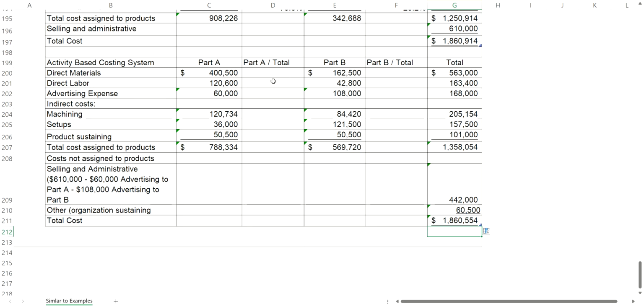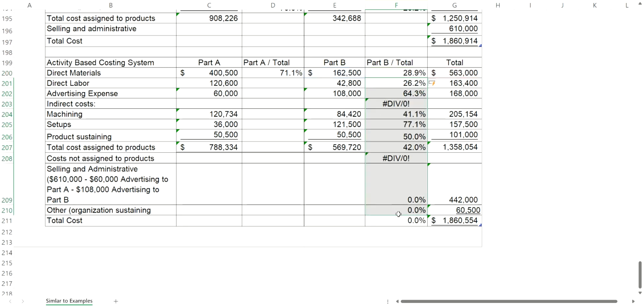Now, the last thing I want to do is go ahead and get these as a percentage. I would do the same thing that I did in the traditional. For example, for materials, I would take 400,500 and divide it by the total of 563,000. And for product B, 162,500 divided by the total of 563,000.